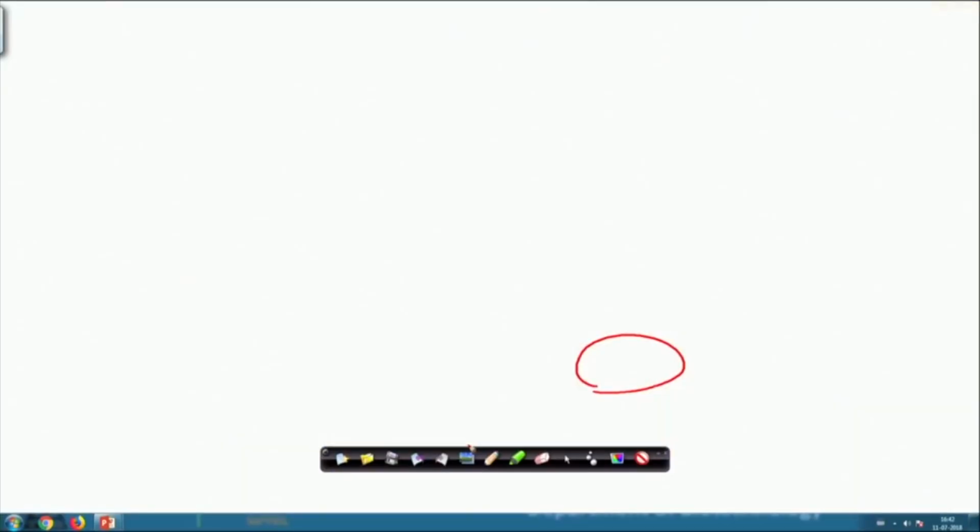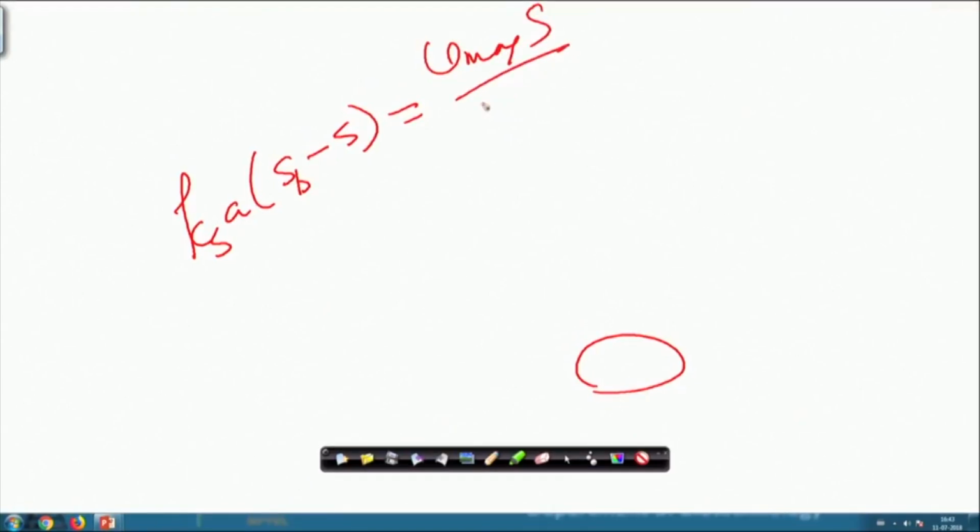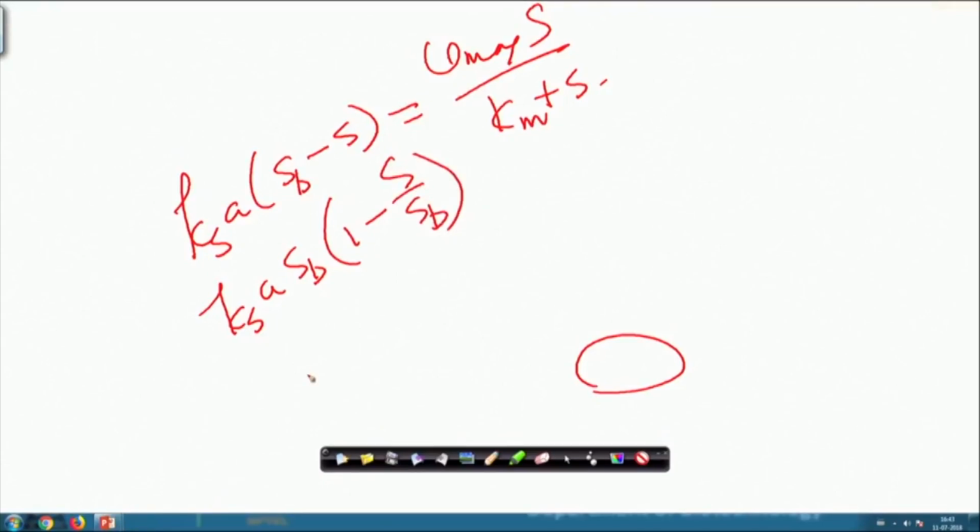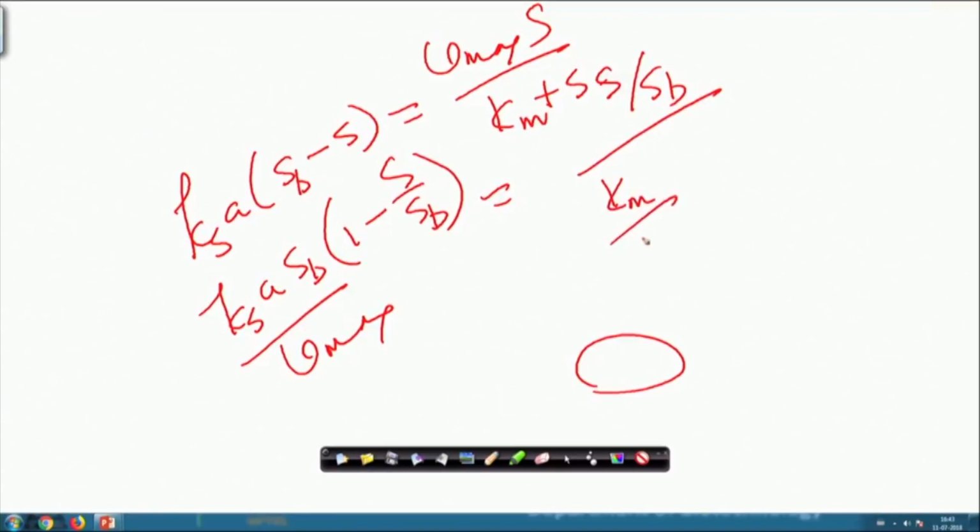Now if you do that, Ks A (Sb minus S) equals Vmax S divided by (Km plus S). And I can write Ks A Sb, if I take it common, as (1 minus S by Sb), and Vmax I can take here, and this is equal to (S by Sb) divided by (Km by Sb plus S by Sb).